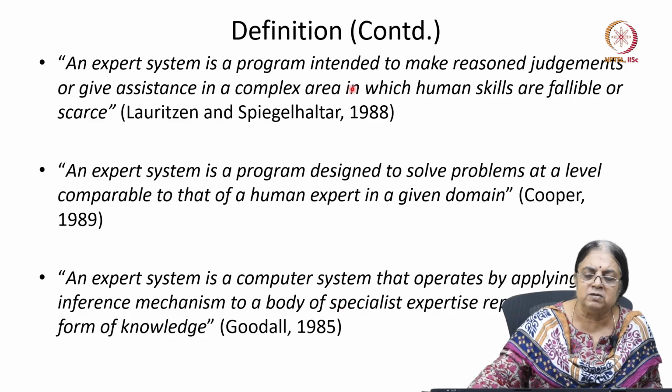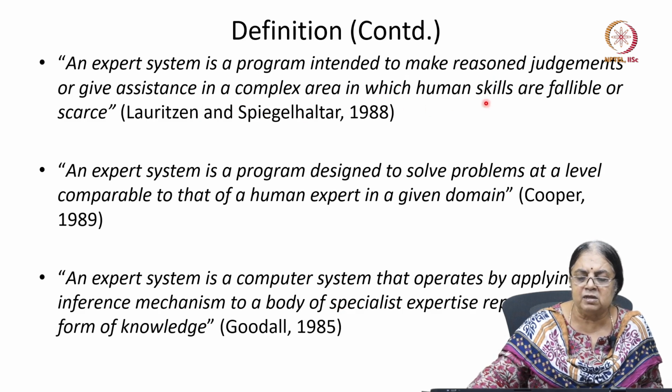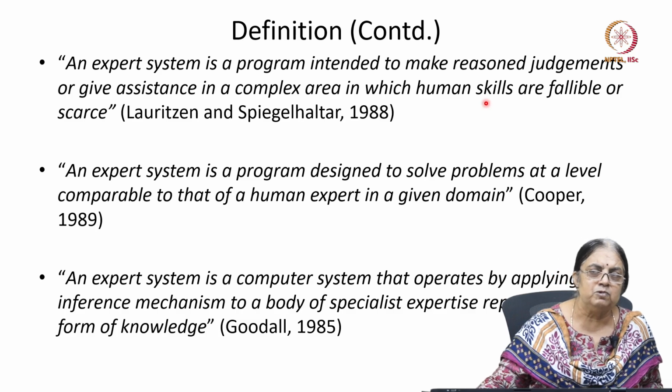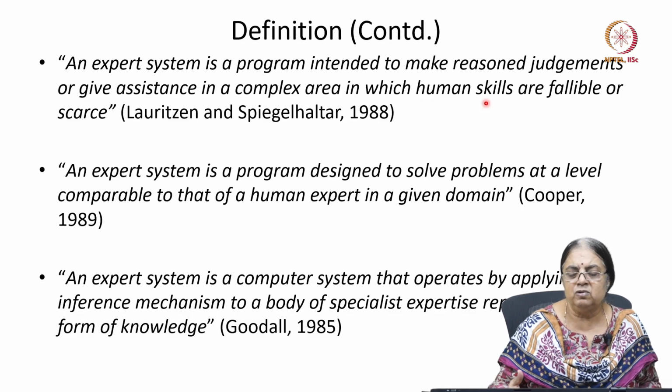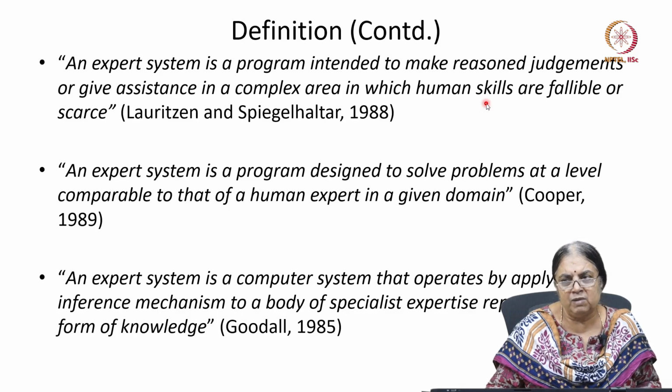An expert system is a program intended to make reasoned judgments or give assistance in a complex area in which human skills are fallible or scarce. So, suppose humans who are skilled in a particular domain are few, right? You don't get so many people. So if we have a program which carries out the same thing, then it makes sense to use such a program.